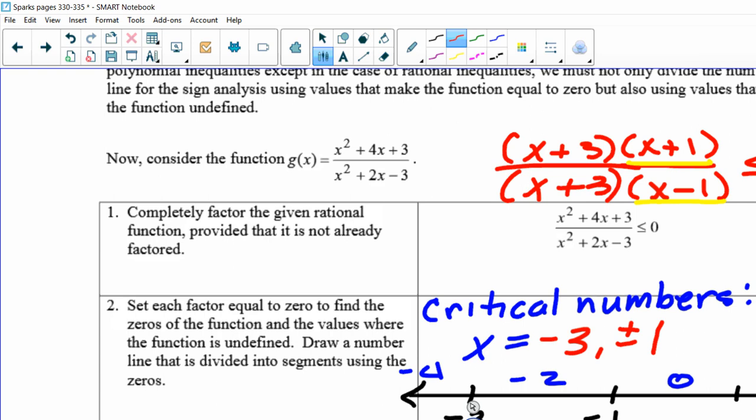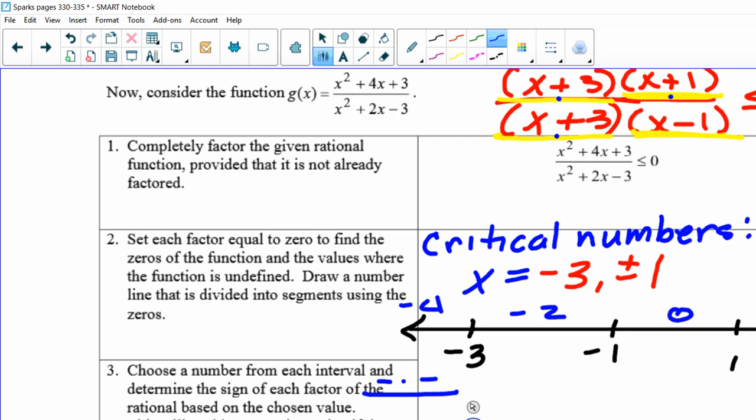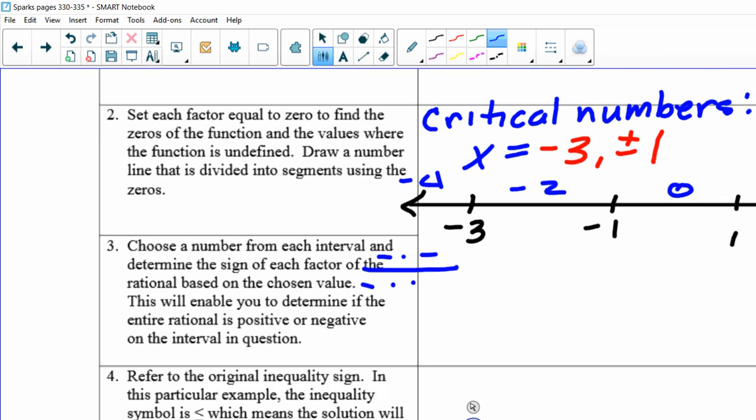If x is negative 4, I want to know positive or negative for each factor. Negative times a negative over negative times negative. When you do all that, positive over positive.